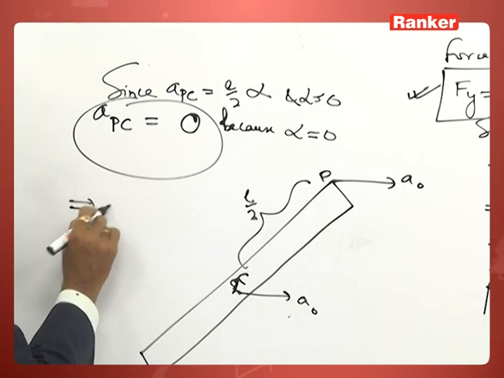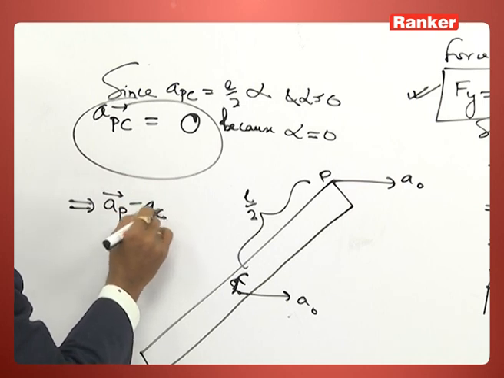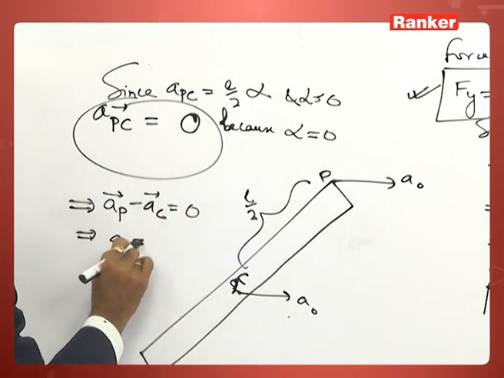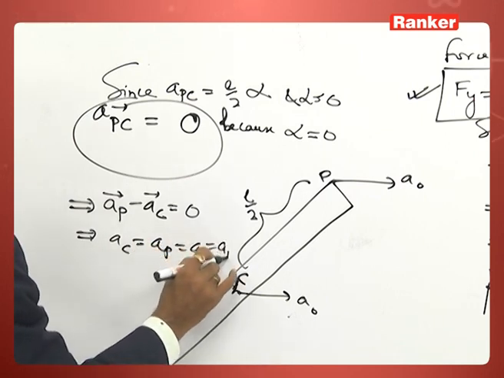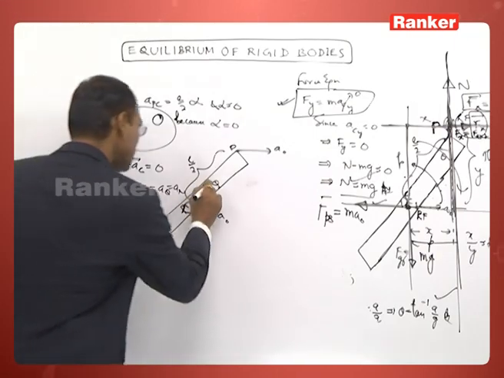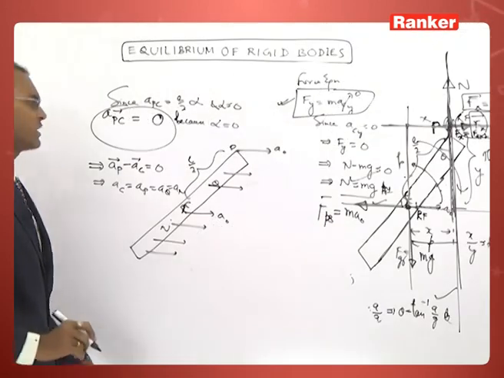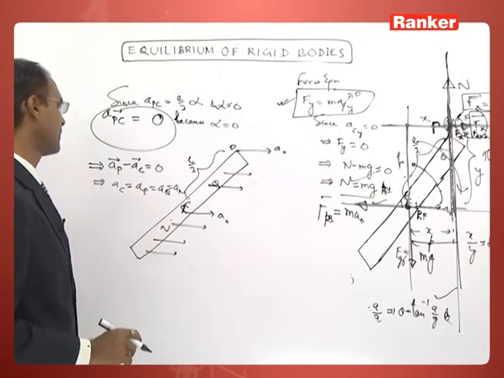This gives us the idea that A_P minus A_C will be equal to 0, or A_C is equal to A_P is equal to A_Q is equal to A_N. So all the points of the rod will move with the same acceleration. In this way also we can understand by using the concept of relative acceleration.